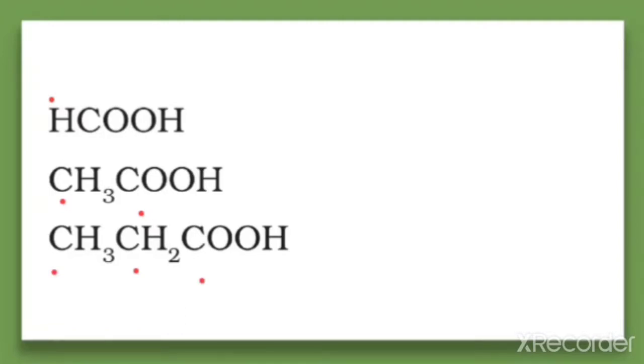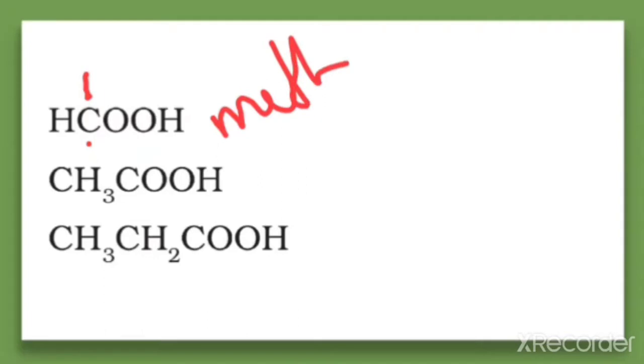While naming it in IUPAC, you have to take the carboxylic acid group in the main chain, and you have to start the counting from here because more preference has to be given to the carboxylic acid group. Here there is only one carbon, therefore we use the word root meth, and we end with oic acid.